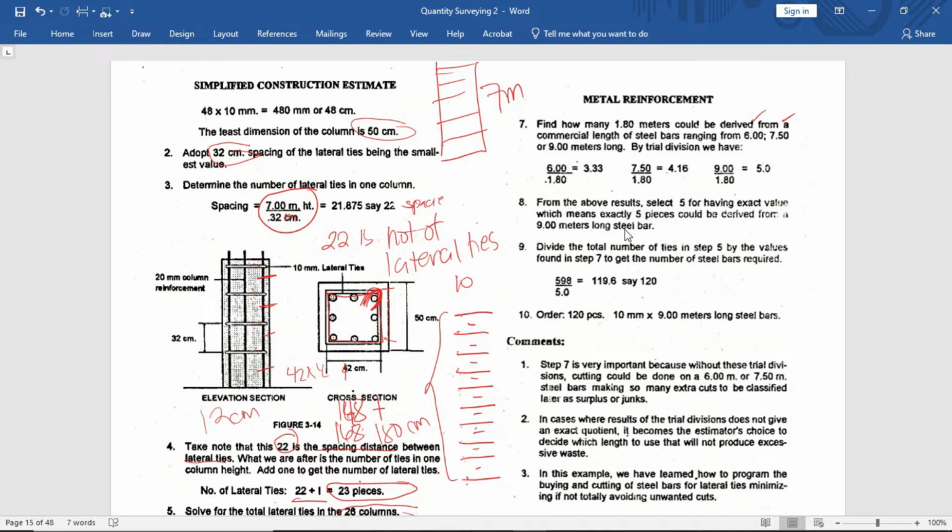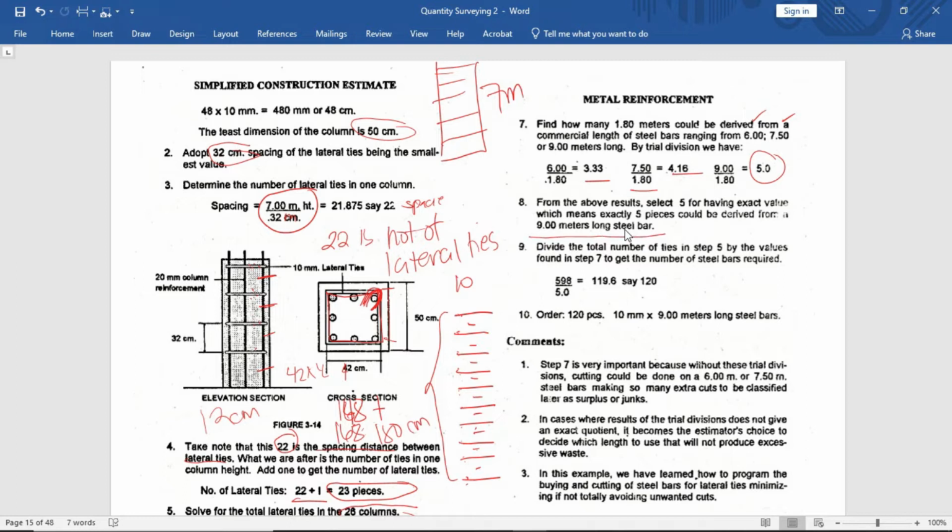So, 6 divided by 1.8 is 3.33. Then, 7.5 divided by 1.8 is 4.16. Then, 9 divided by 1.8 is 5. So, from the above results, select 5 for having the exact value, which means 5 pieces could be derived from a 9 meters long steel bar.